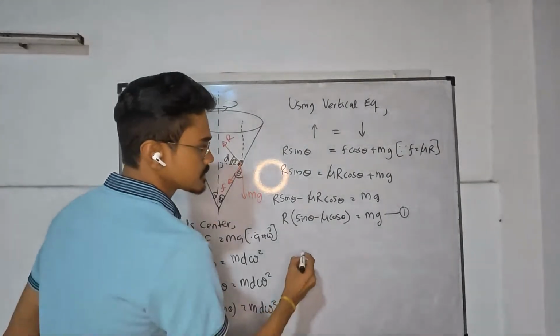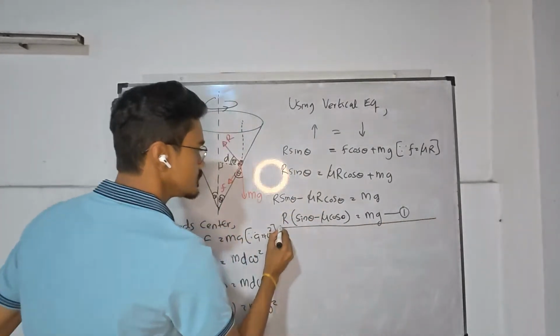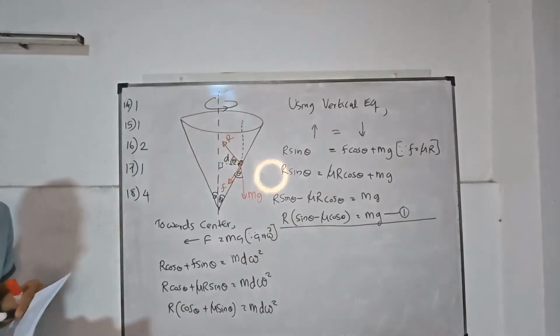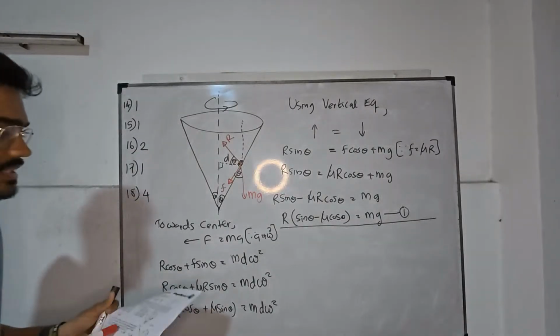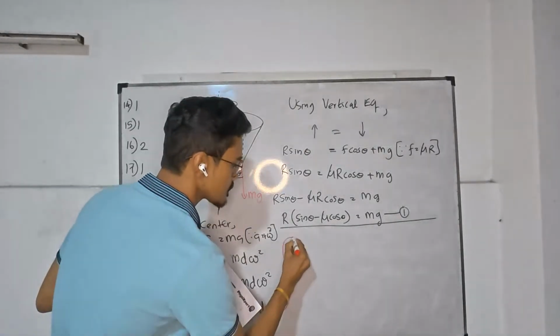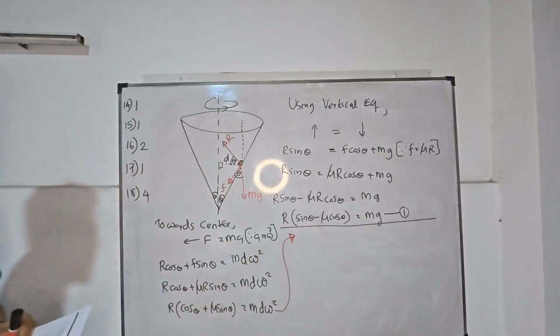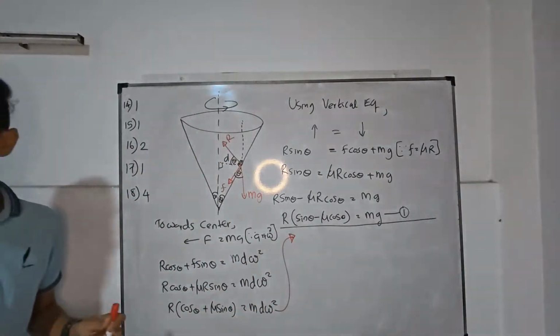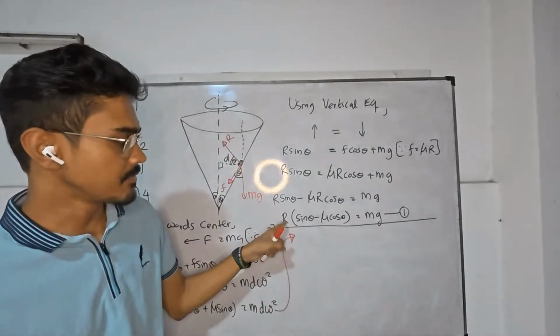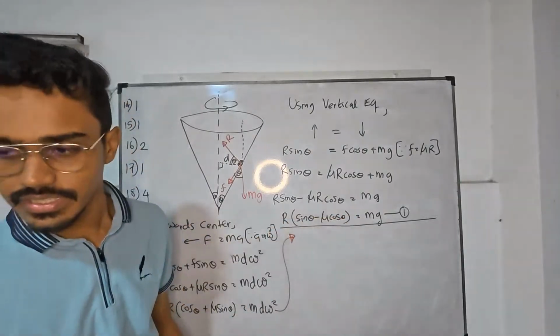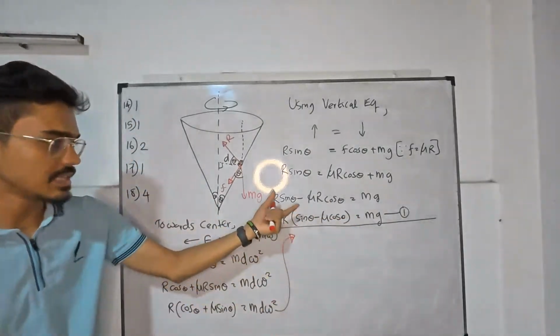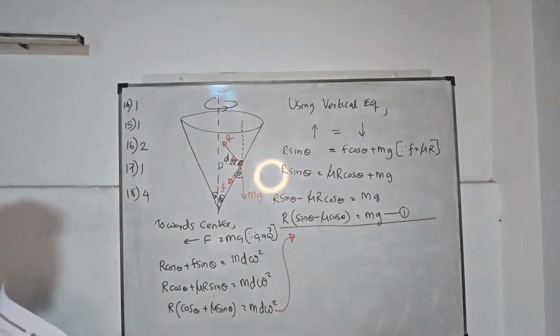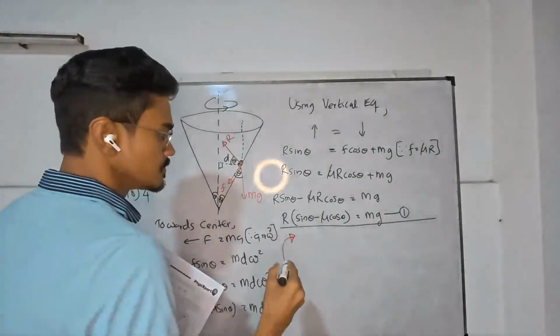Now look at here. After this, I'm going to take this calculation to here and plug in R. R can be written from here as mg over this part. R is mg over this part, no? So going to substitute. Be careful.